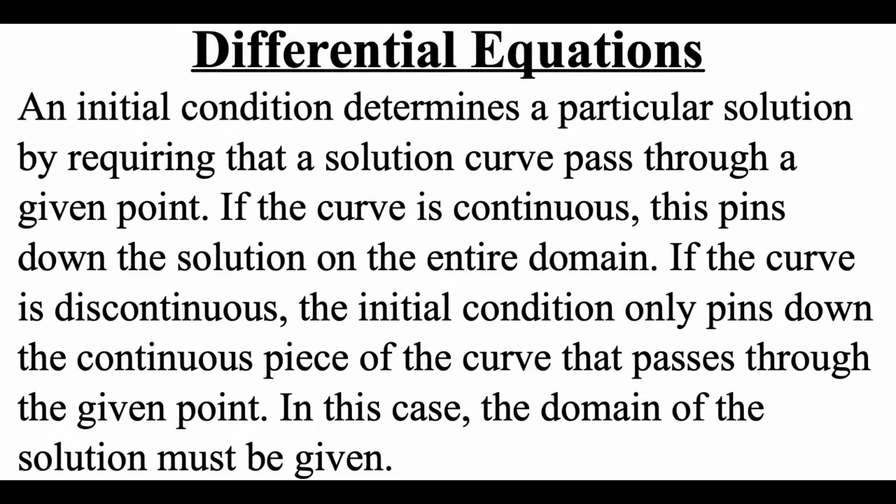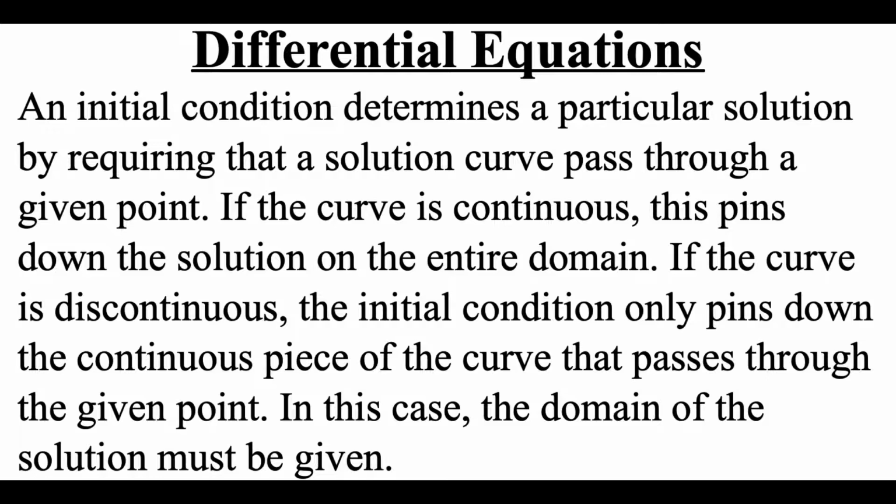Now, I mentioned earlier that we wanted our unique solution to be a continuous curve, because if it is, then that one given point kind of locks the function and graph into that particular solution over the entire domain.